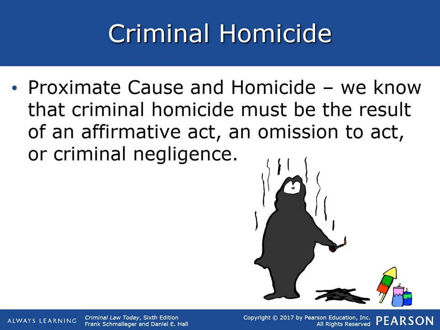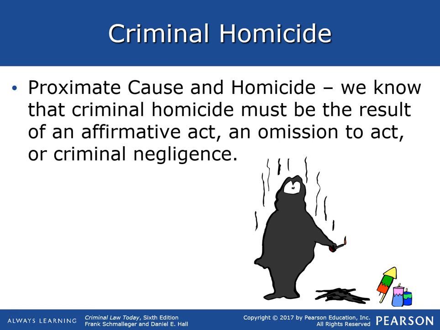Now we're gonna talk about something called proximate cause, and I'm gonna spend a little bit of time here, hopefully not too much. And bear with me as I go through this, because again, there's so many different definitions here. Okay, so here we go.